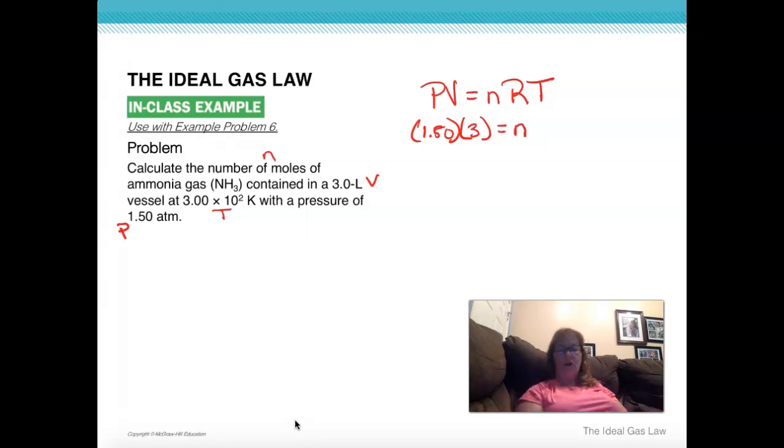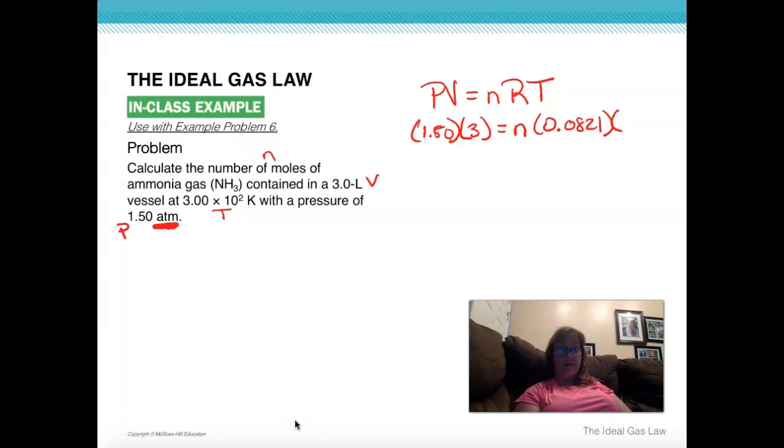We don't know what our moles are. That's what we're trying to calculate. R is that gas constant I just talked about. Remember, because our pressure is atmospheres, R then is 0.0821. And then our temperature is 3 times 10 to the second Kelvin.